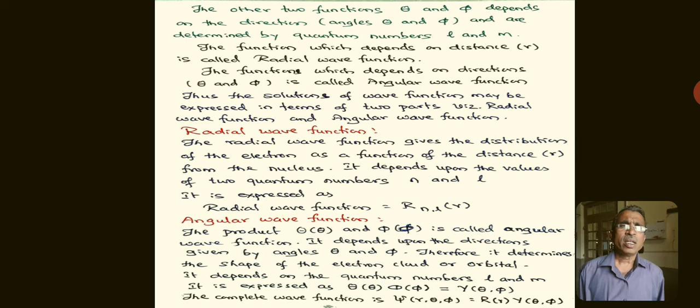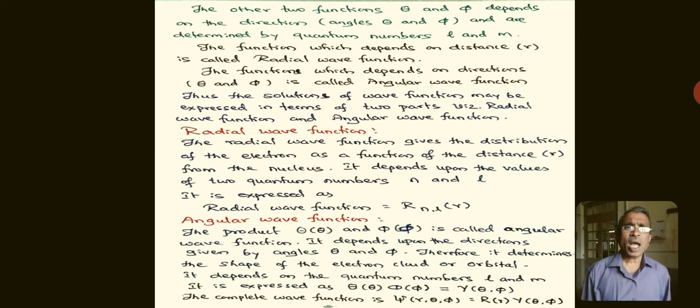Since these quantum numbers give the angle or the location of the electron, in terms of shapes also, it depends on the quantum numbers l and m.